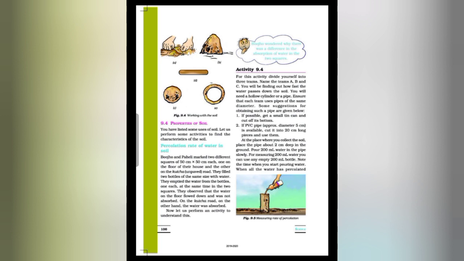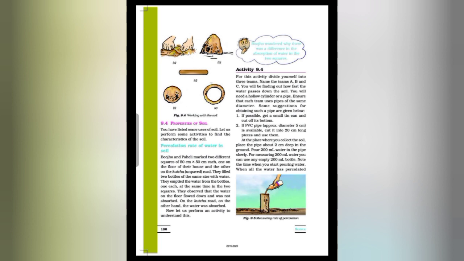Some suggestions for obtaining such a pipe are given below: if possible, get a small tin can and cut off its bottom. If a PVC pipe of approximate diameter 5 cm is available, cut it into 20 cm long pieces and use them. At the place where you collect the soil, place the pipe about 2 cm deep in the ground. Pour 200 ml water in the pipe slowly.